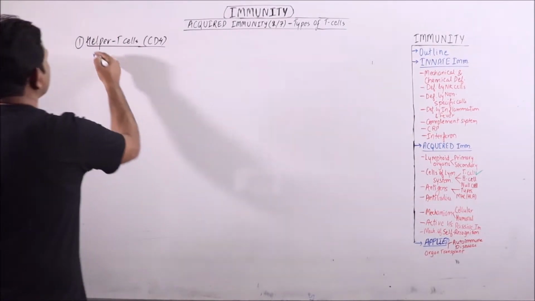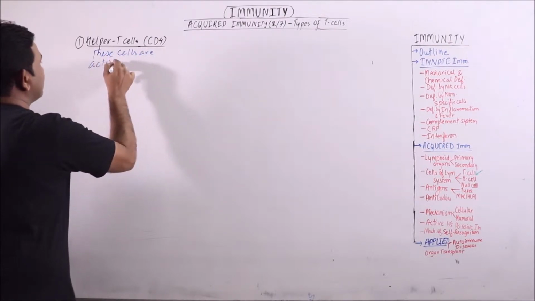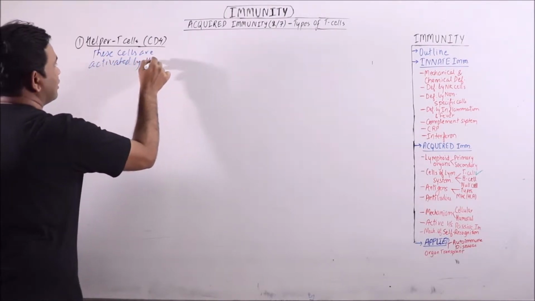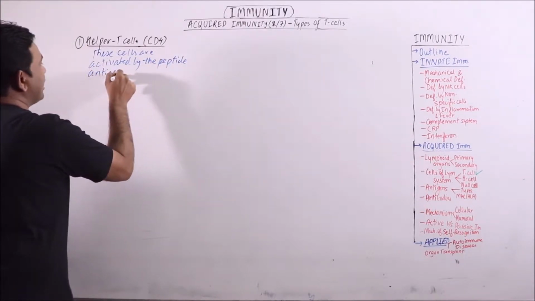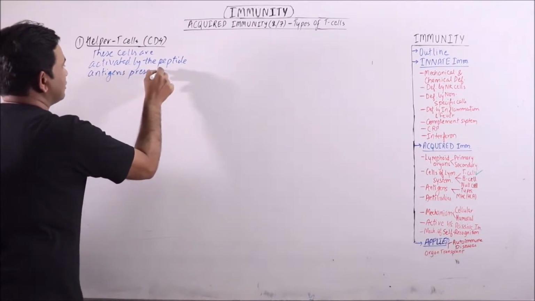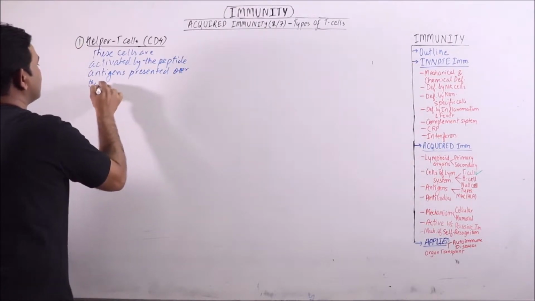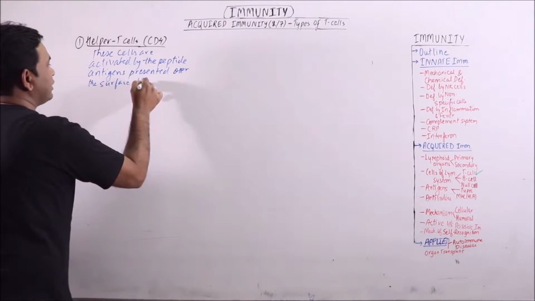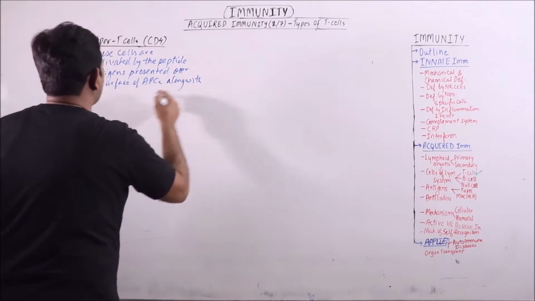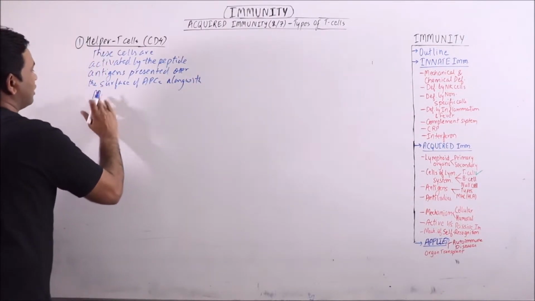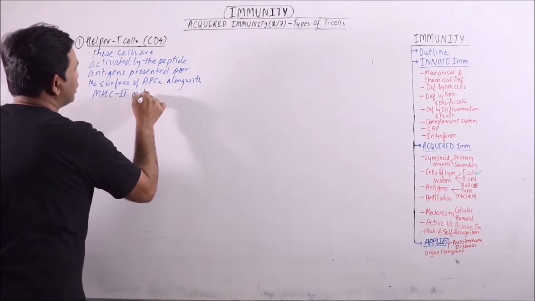These cells are activated by the peptide antigens presented over the surface of APCs along with MHC class 2, that is major histocompatibility class 2 molecules.